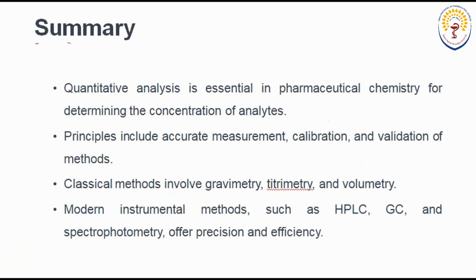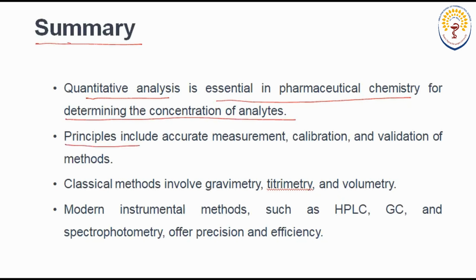Now, summary. Qualitative analysis is very important for pharmaceutical chemistry, as you know, and quantitative analysis is required, and it is used to determine the concentration of the analyte. The principles of quantitative analysis include accurate measurements, calibration and validation.